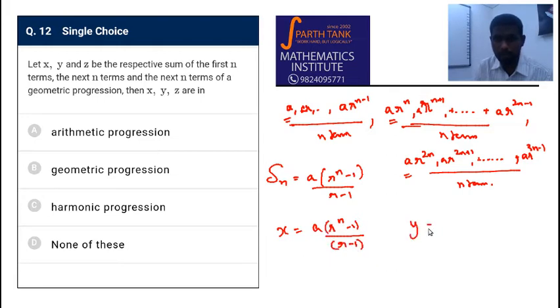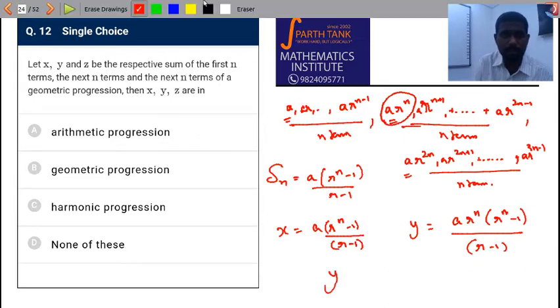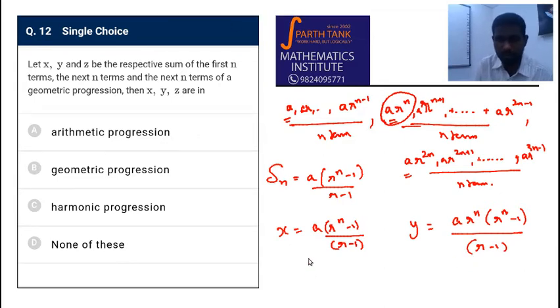Y is going to be starting from this first term, n terms. So in the same expression, only the first term will change. So it becomes ar to the power n, r power n minus 1 by r minus 1. The same way, z would become, the first term of z is ar power 2n into r power n minus 1 by r minus 1.